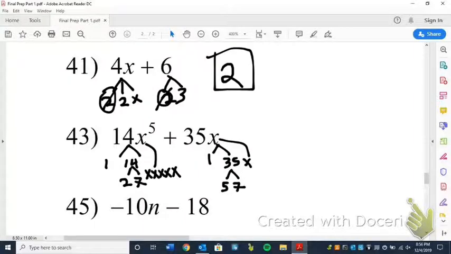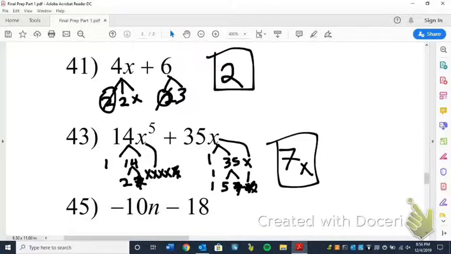So here, we go, oh, they both have a 7 in common and an x. So the greatest common factor here wouldn't just be 7, it'd be 7 times x, or 7x.